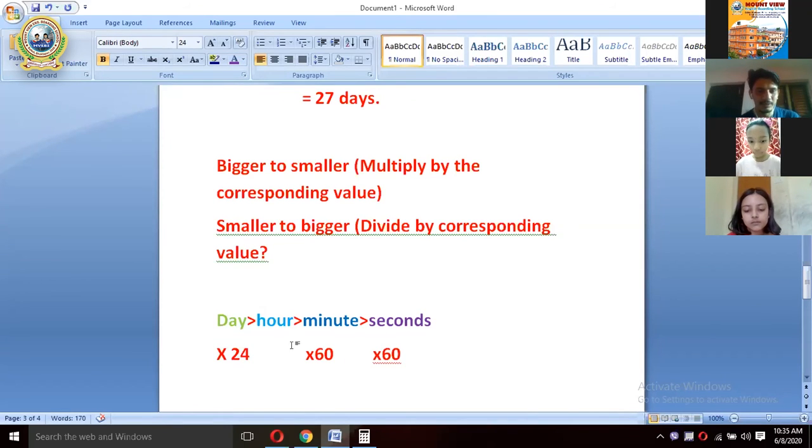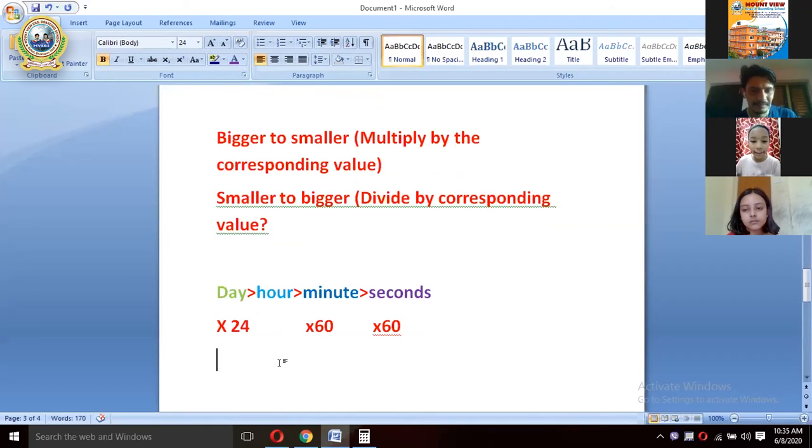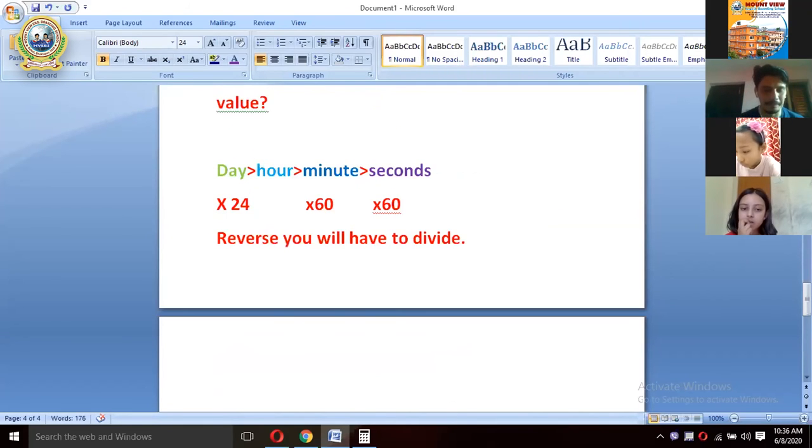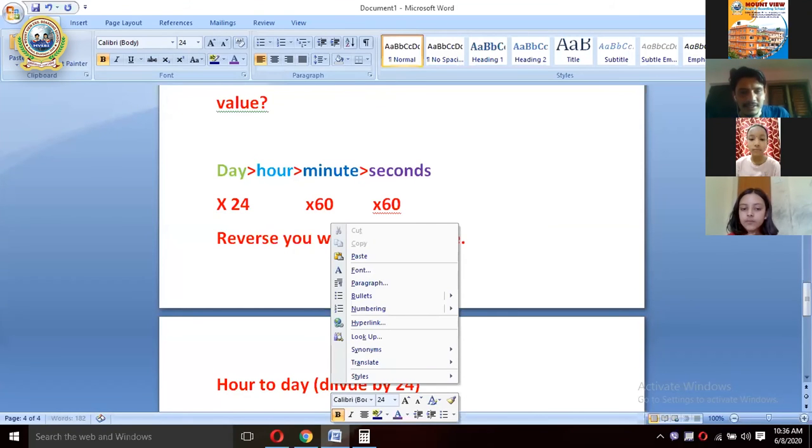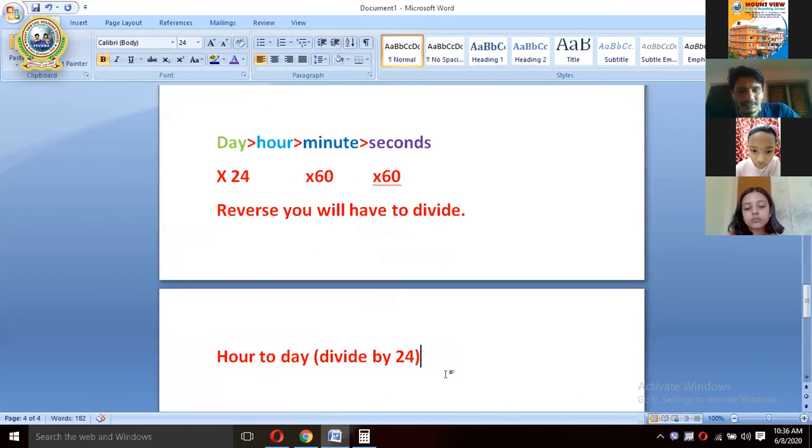And reverse. Reverse means divide: second into minute, minute into hour, you'll have to divide by the corresponding value. So if you are converting, for example, hour to day, you'll have to divide by 24.